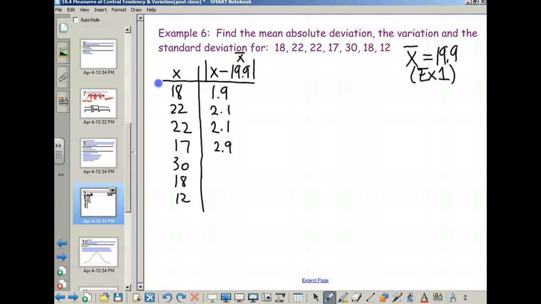That's 2.9. How about 30 and 19.9? 10.1. 18 I already did, so I can write that one down again. That's 1.9. How about 12 and 19.9? Okay. Now what I need to do is I need to add those numbers up. So what is my sum?